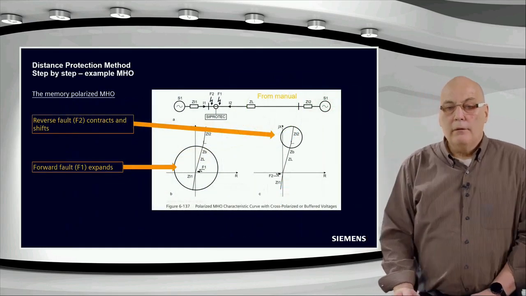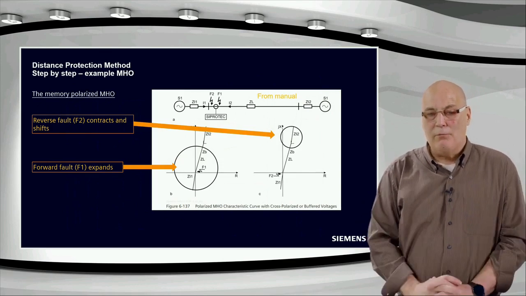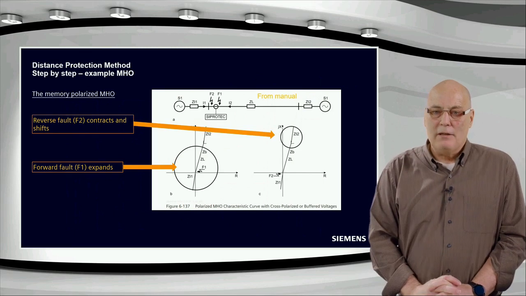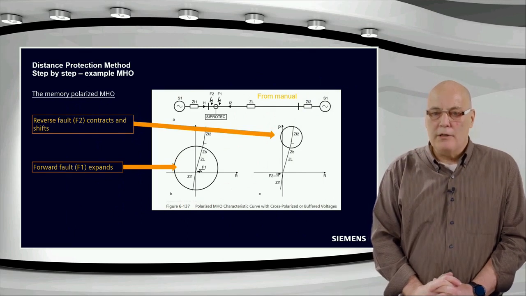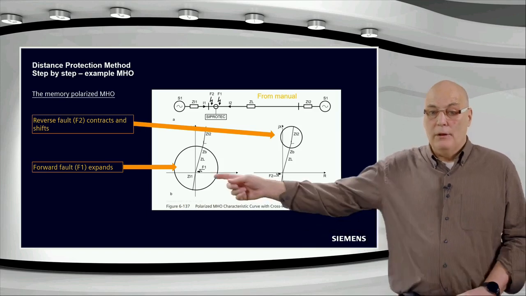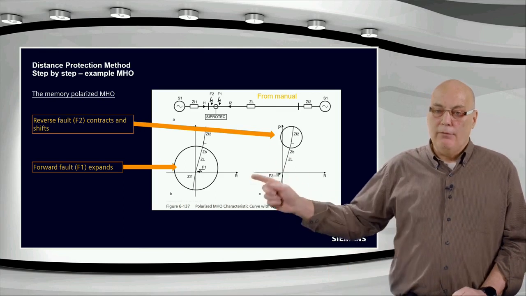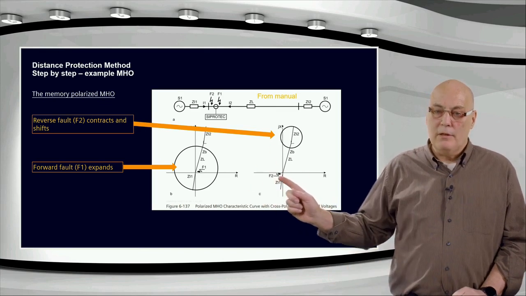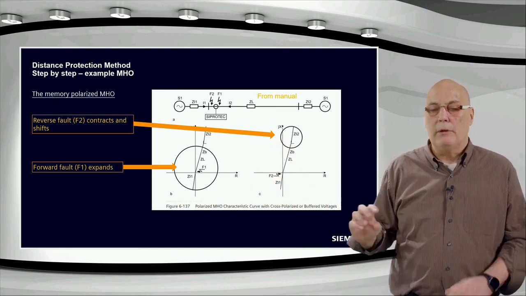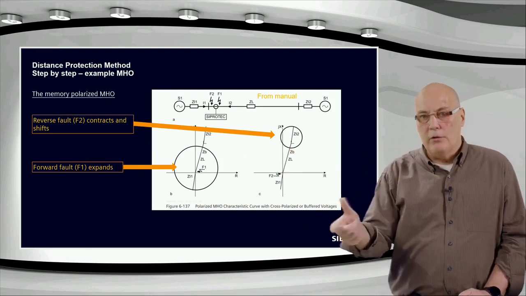All right, just to clear it up for you, a photograph or screenshot from the manual again, to take away your worries that the Mohs circle is not going to be properly selective at the near faults. If the fault is forward, the expansion is as you see, but if the fault here is reverse at this point, then the Mohs circle expansion is there, because obviously if the fault is reverse, the current reverses direction.